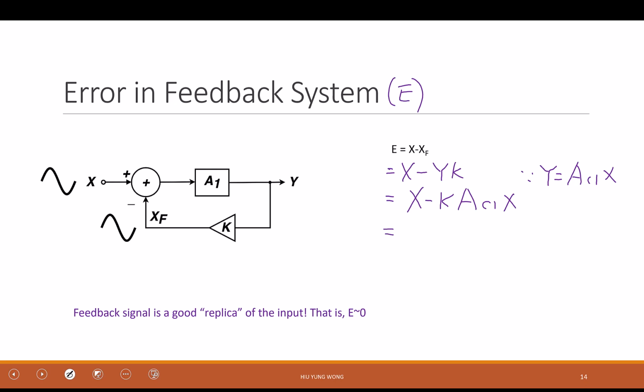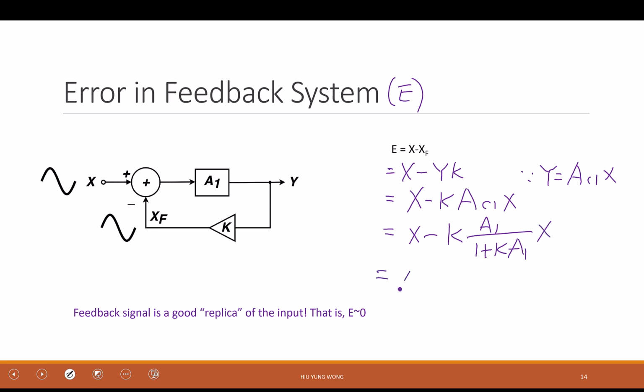But I already know what ACL is, right? Do you remember? Yes, someone already memorized it. A1 over 1 plus KA1. A1 over something, 1 plus KA1. Cannot be wrong, right? Times X.